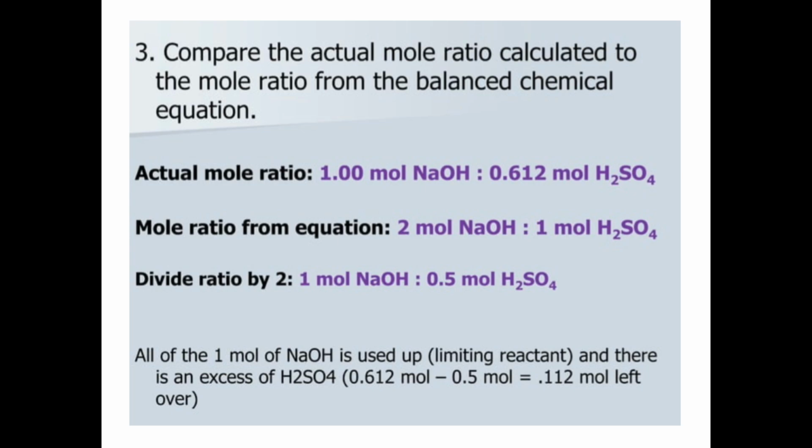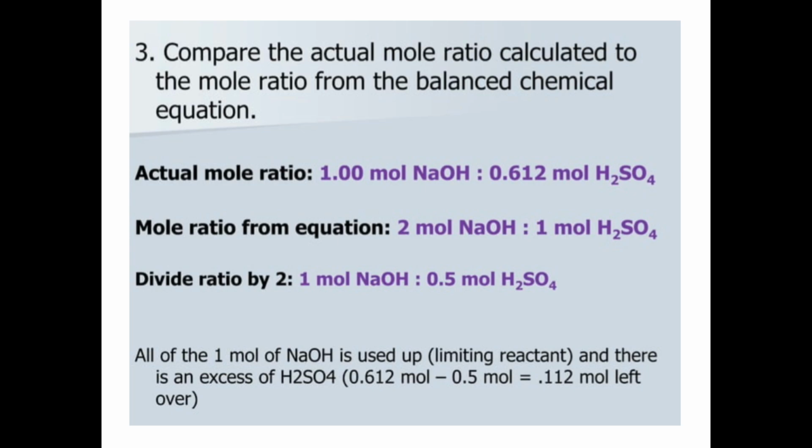The stoichiometric mole, or the mole from the equation, for sodium hydroxide is 2 and for H2SO4 is 1. Therefore, if you divide by 2, you are going to have 1 mole and 0.5 mole respectively.